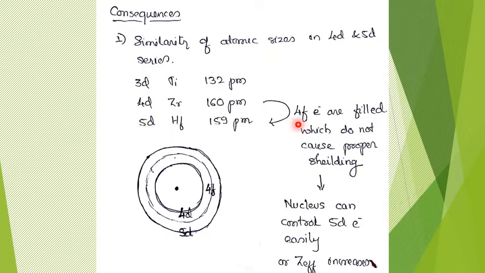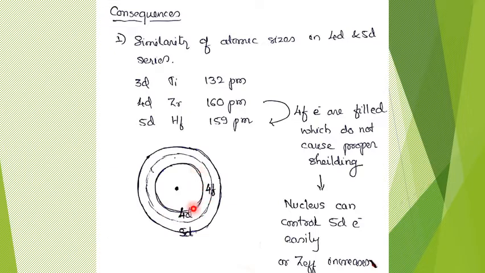Now, these 4f electrons do not cause proper shielding. To understand this, you can look at this diagram. This is a rough sketch to explain the phenomenon. Let us say these are the 5d electrons we are adding here, and the 4d electrons were added here.